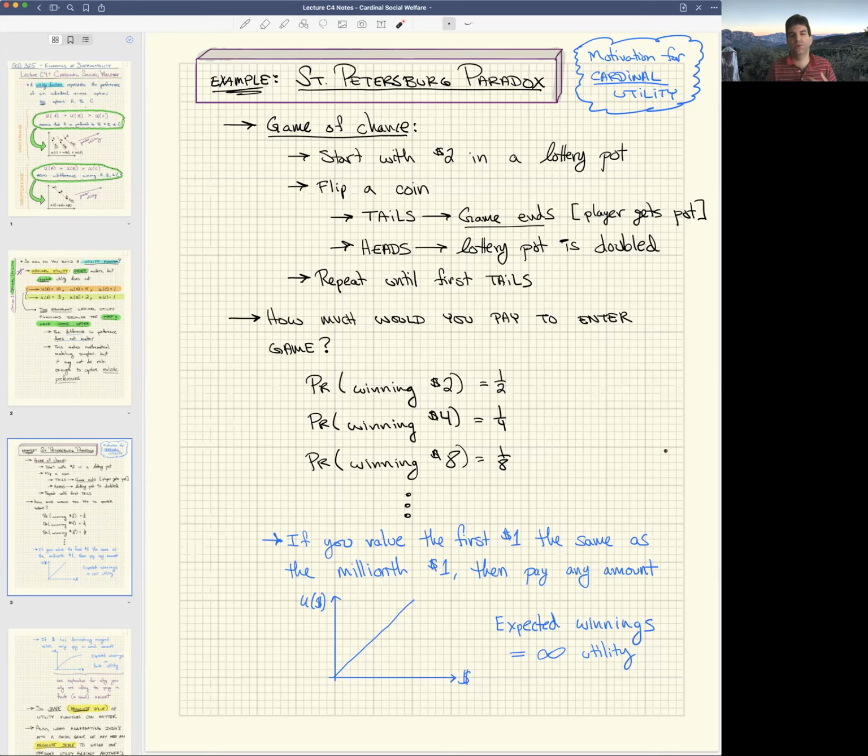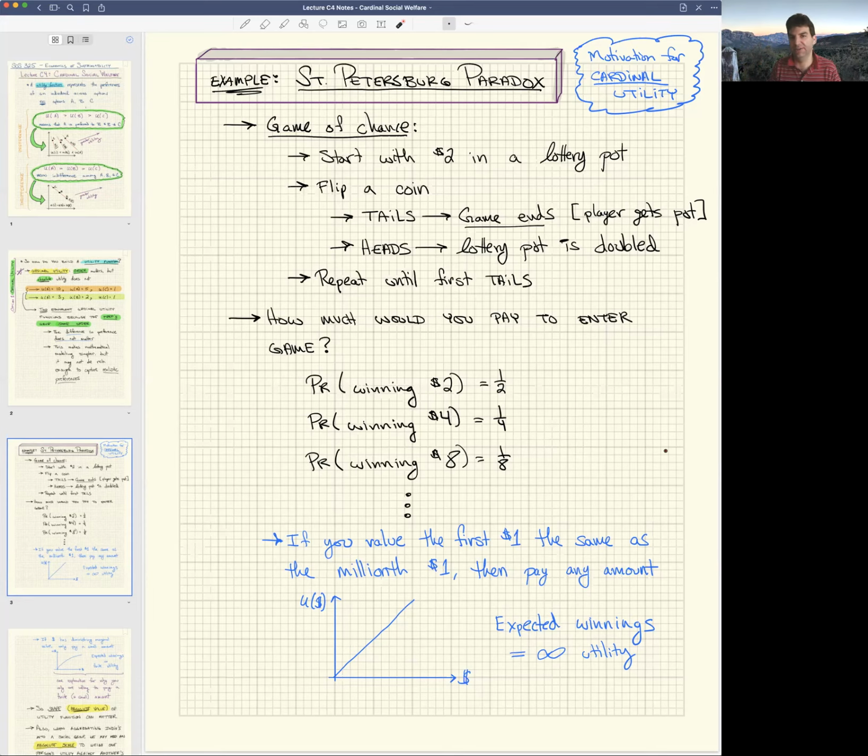So $2 to $4, $4 to $8, 8 to 16, 16 to 32, 32 to 64, 64 to 128. Every time it comes up heads, the pot gets doubled, and it just grows by a huge amount. So it's like a compound interest rate of 100%, or something like that. How much would you be willing to pay for this game?